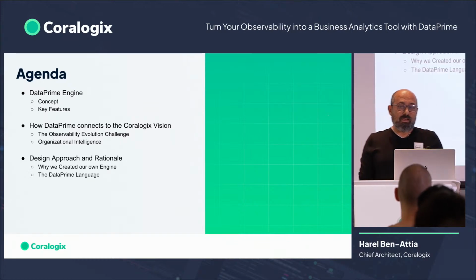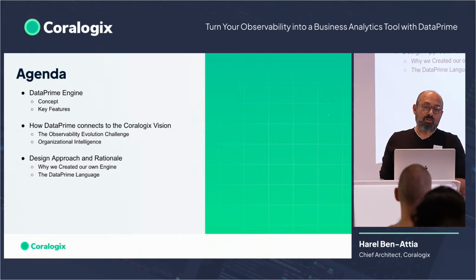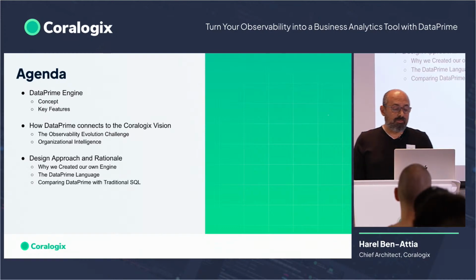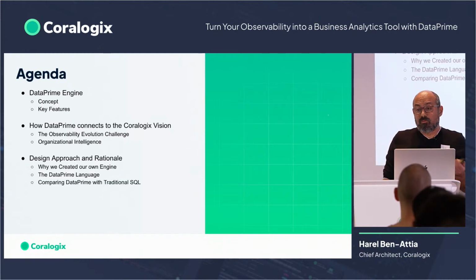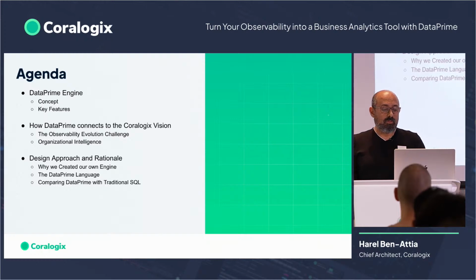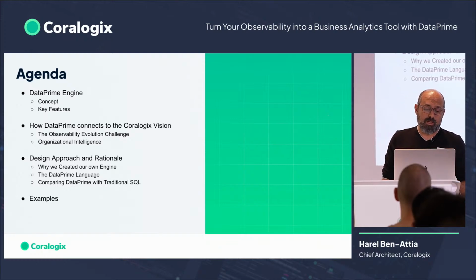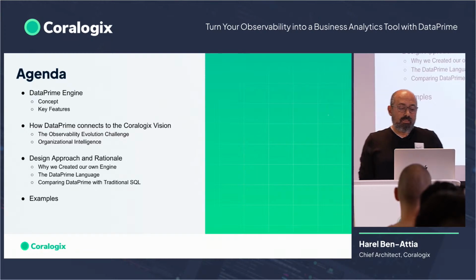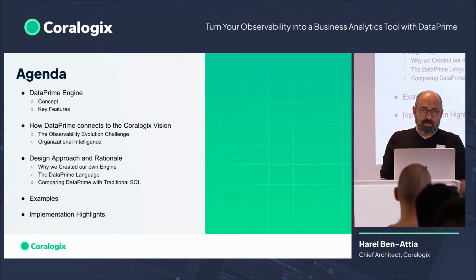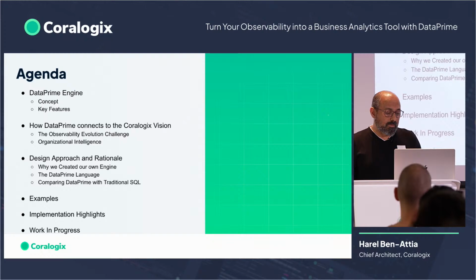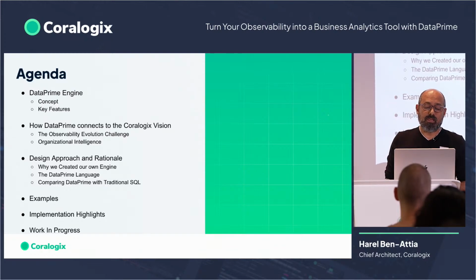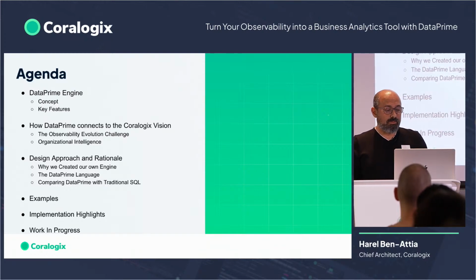I'll dive a bit into the concepts of the DataPrime language itself, and talk about one of the questions that arises. Even someone today mentioned it: comparing DataPrime with traditional SQL. We'll go over some examples, a little bit about implementation highlights, and some work in progress that we're doing.